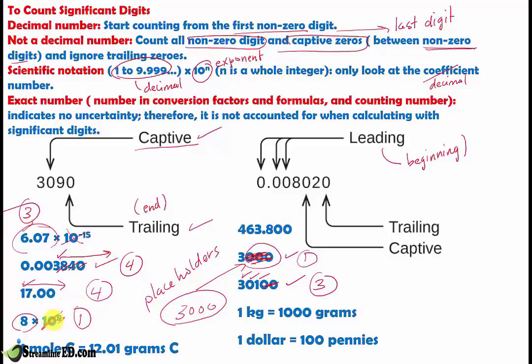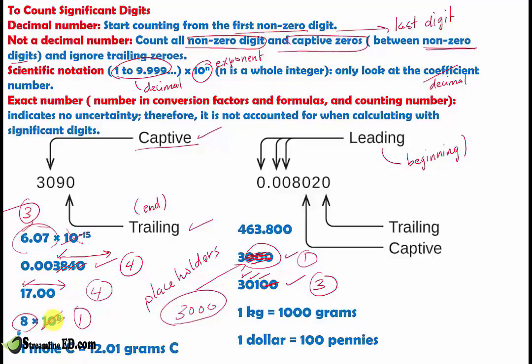One of the last types of number that we have is called exact numbers. Exact numbers are the numbers that you see in conversion factors, formulas, or counting numbers. There is no uncertainty in these numbers, so therefore they have an infinite number of significant digits. What does that mean?